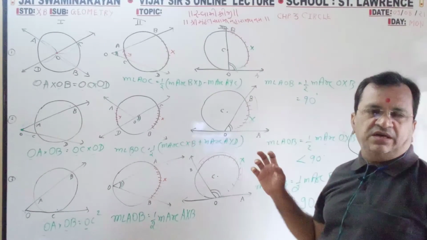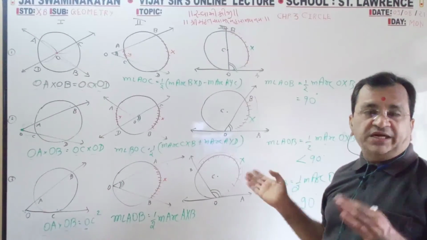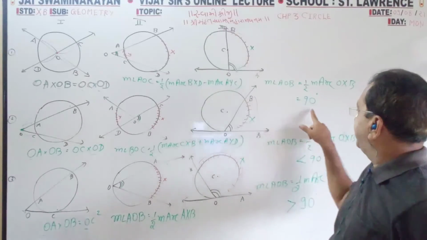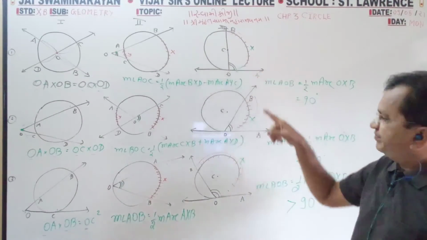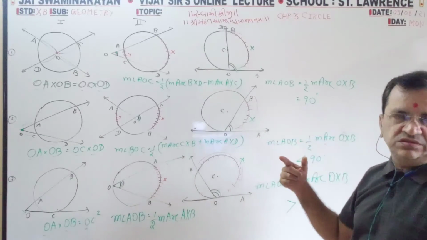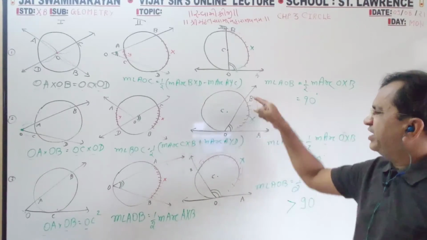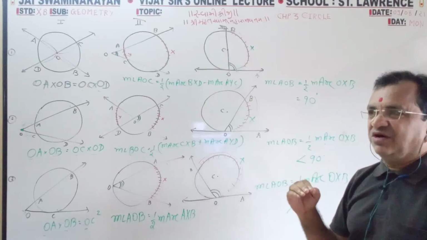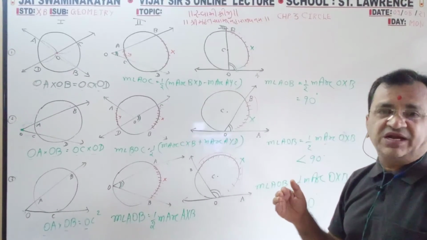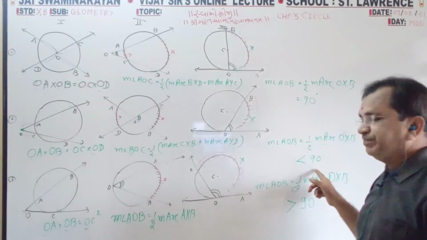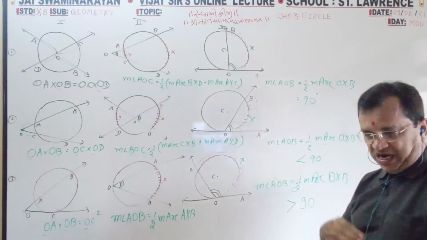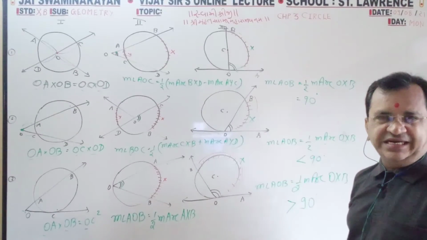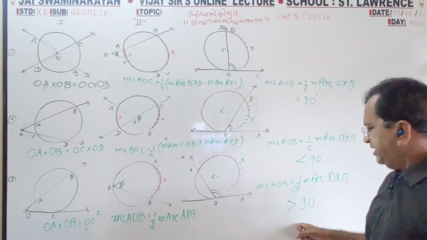Half of the circle is 180. Half of 180 is exactly 90 you will always get, in this type of diagram. When it is acute, this is less than 180, so half of less than 180 is less than 90. This is more than 180, so half of more than 180 is greater than 90.